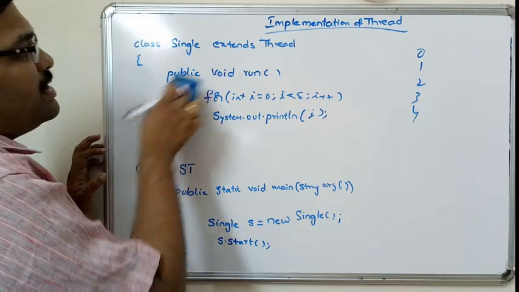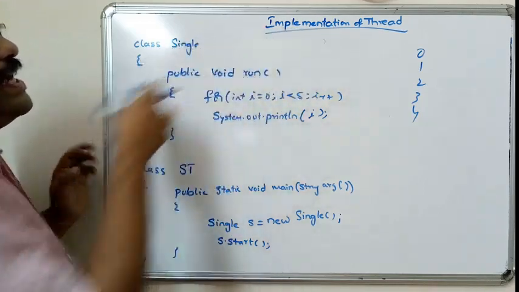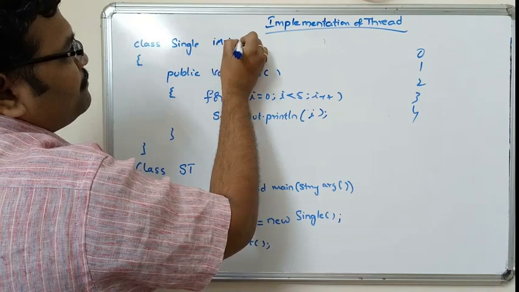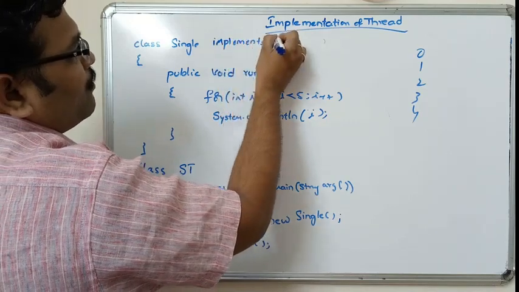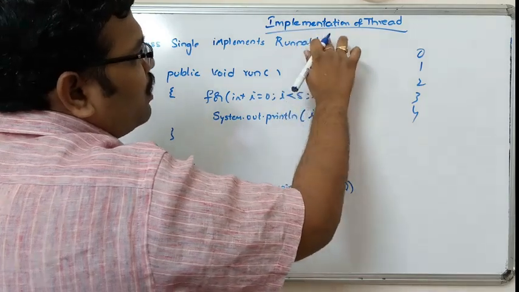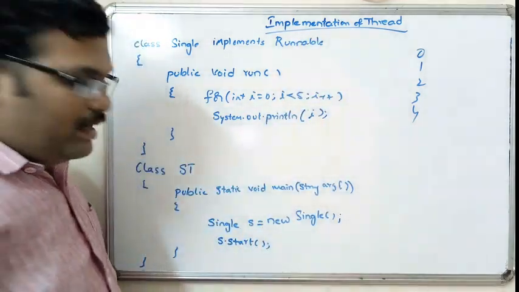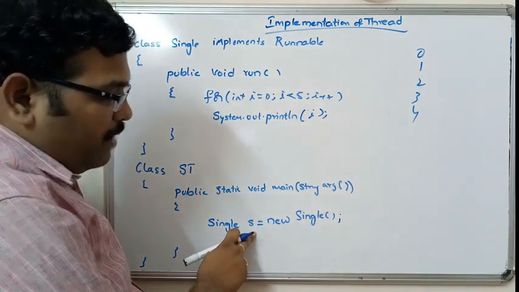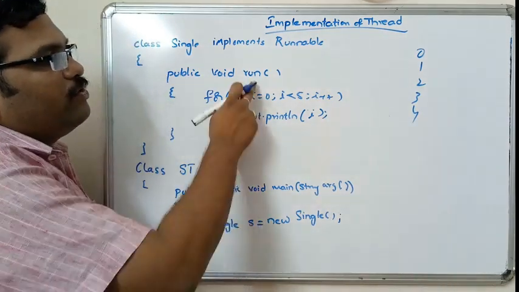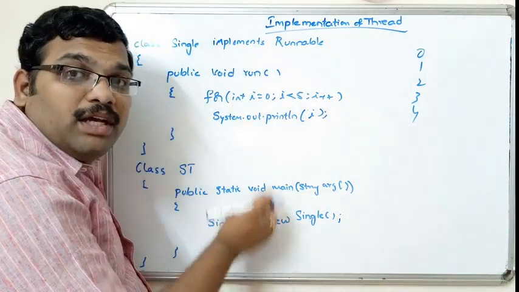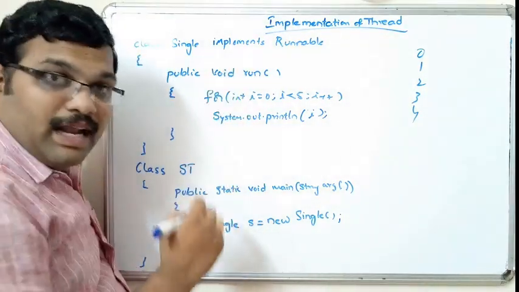See, let us start writing this one. In the second case, instead of extends Thread, it will implement Runnable. There is an interface called Runnable which executes the thread. So here first we have to create an object, but this doesn't execute the run function. So this must be passed as a parameter to the Thread class.